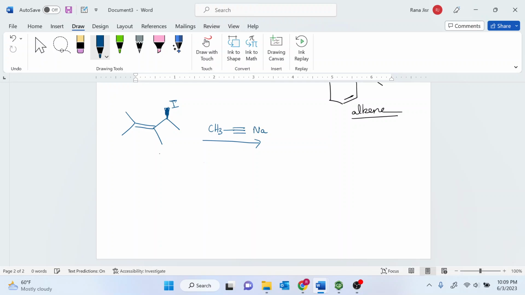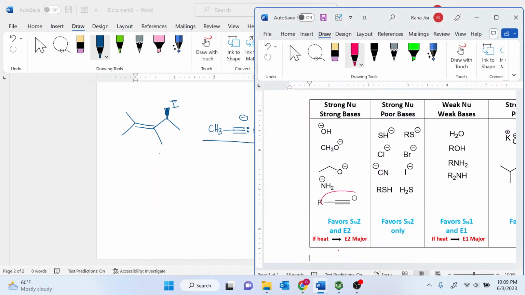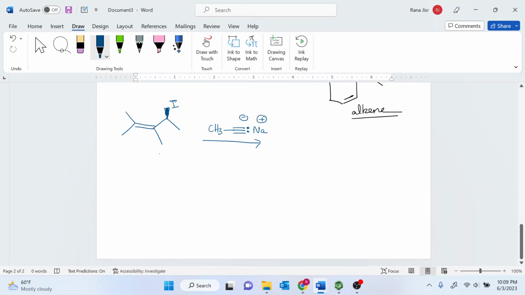This is sodium acetylide, which, if you look at the table, is this nucleophile over here. So this is a strong nucleophile, and it is a strong base as well. So if there is no heat involved, then this guy is going to form two products, the substitution and the elimination. Let's do both of them.